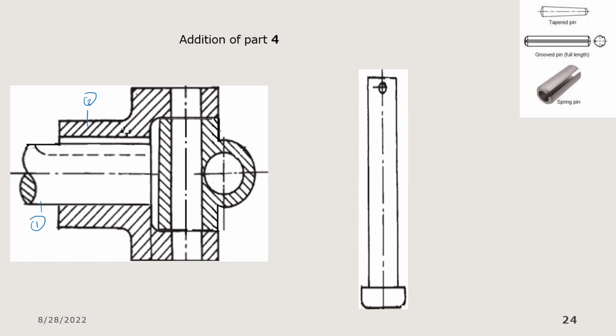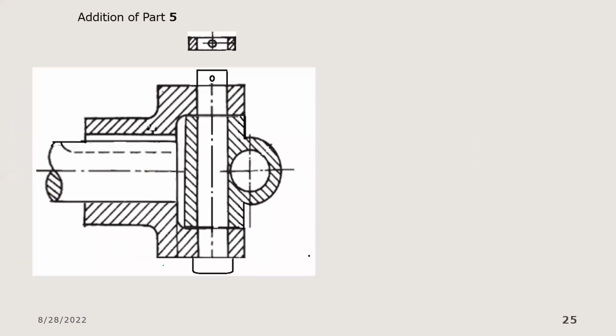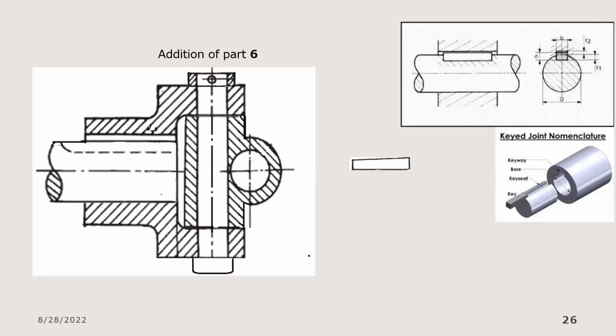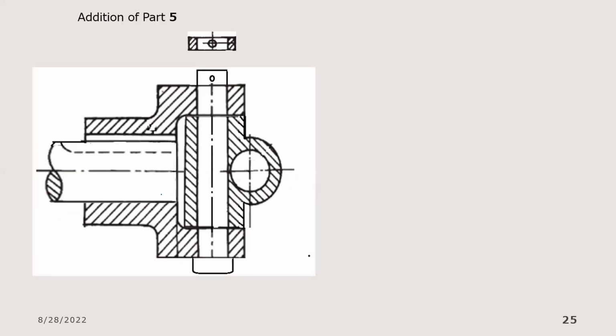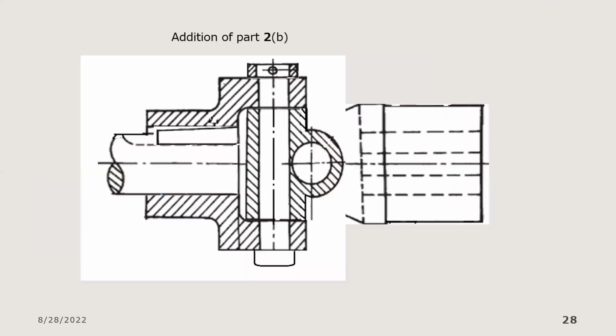So now we have 1, 2, this is 3, and this is part 4. Once it comes here, it's going to fit here. Its axis running through the center is going to align with this axis. Once you do that, that's what you have.